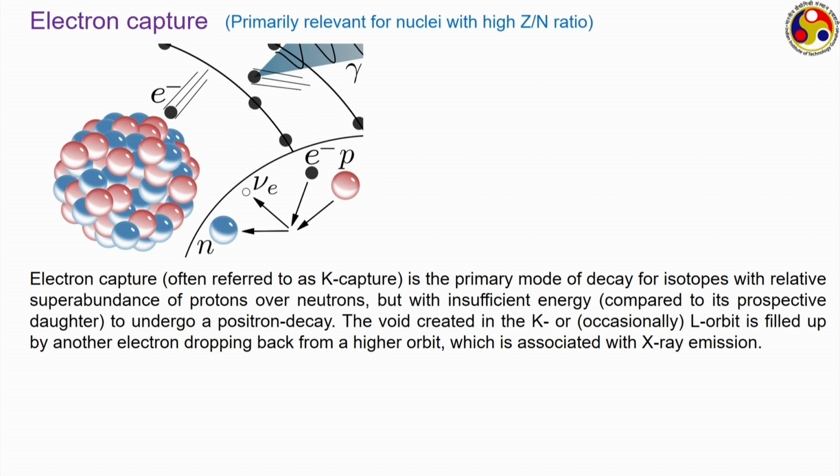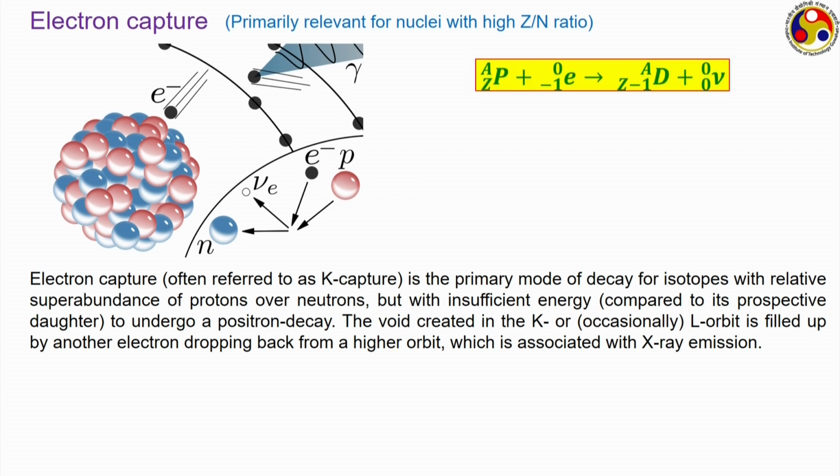Here the nucleus has excess protons, but it does not have enough energy so that it can go through a positron decay. Then it captures one electron from the nearest orbit. One of the electrons from the orbit, generally the K shell, sometimes from the L shell, is dragged back to the nucleus, and now that electron combines with one of the protons present inside the nucleus, leading to the formation of one neutron and also one neutrino.